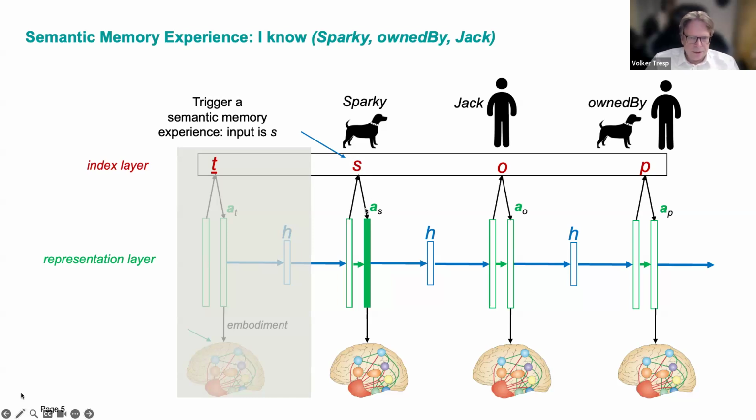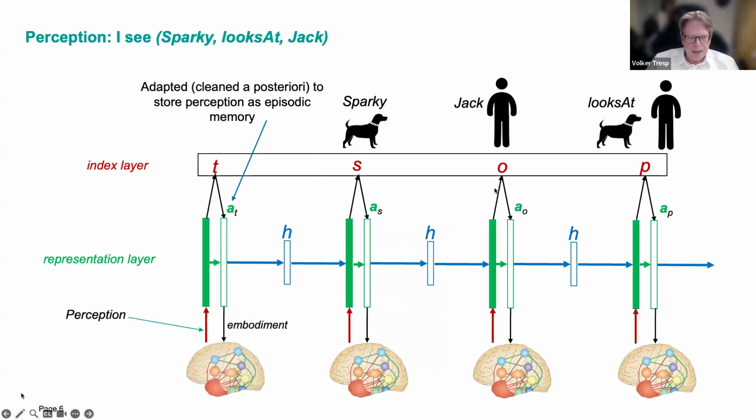We also have an embedding for Sparky, and then some understanding of what Sparky looks like, what he acts like in this embodiment process. Then maybe Jack is activated and then owned by. So we know that Sparky is owned by Jack. The brain knows that.